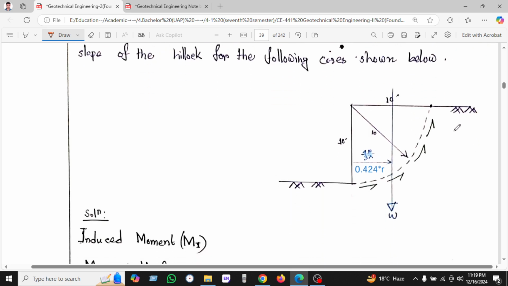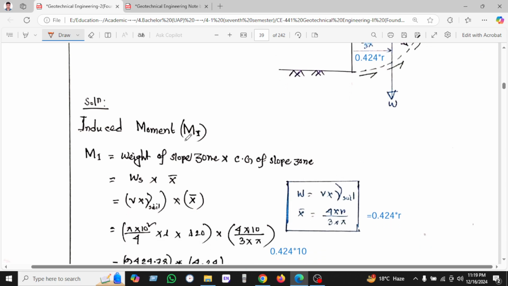You can see here the hilly area, the slope is given here, and the radius of the slope is 10, and you can see the weight is passing through the center of gravity, CG. So the induced moment, MI, equals weight, which is volume times unit weight of soil, times x bar.